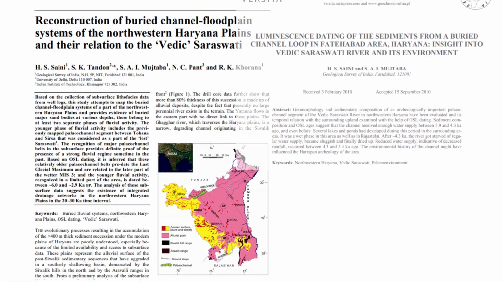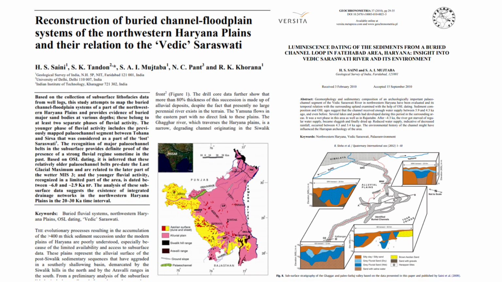In fact, Saini and Mujtaba's study mentions the river to be fully functioning, flowing with full force between 3,900 and 2,300 BCE, after which, for some reason, the water supply or headwaters stopped for the river and it slowly dried up.